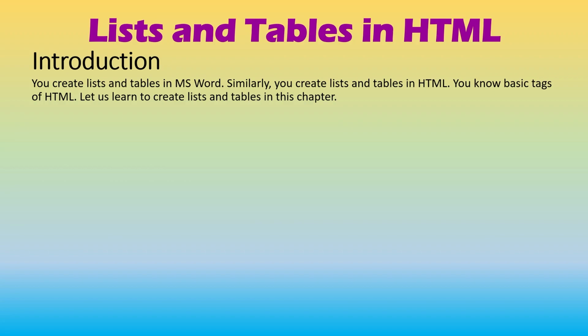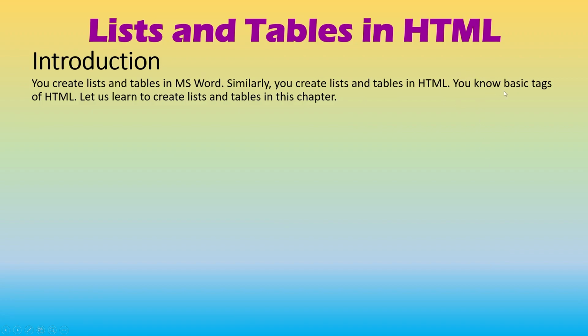Whenever you want to make a list of invitees, grocery items, or students, you sometimes give numbers to your list or put a bullet mark in front of each item. Similarly, you can also create lists and tables in HTML.